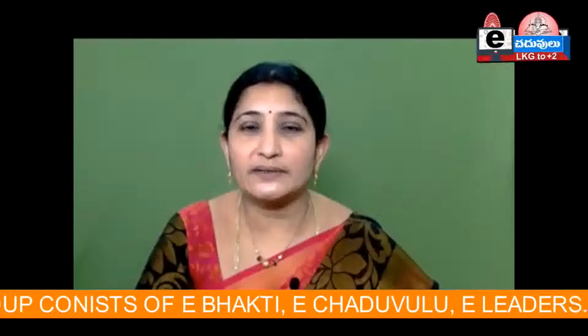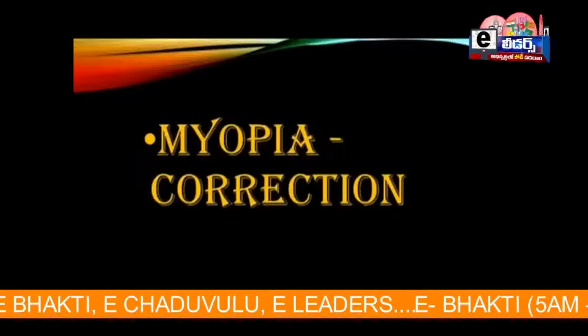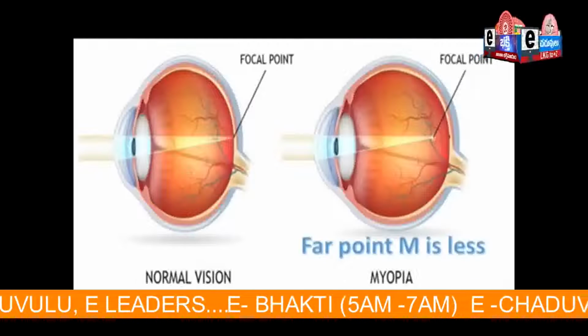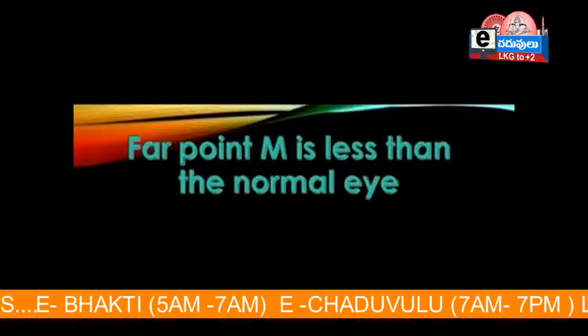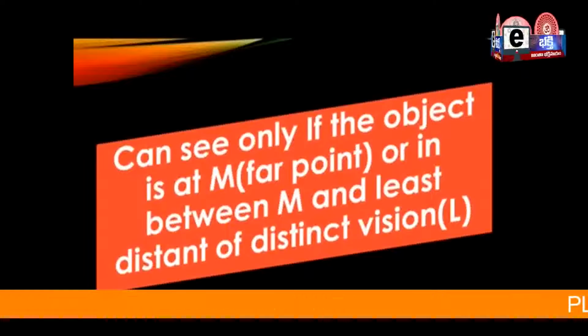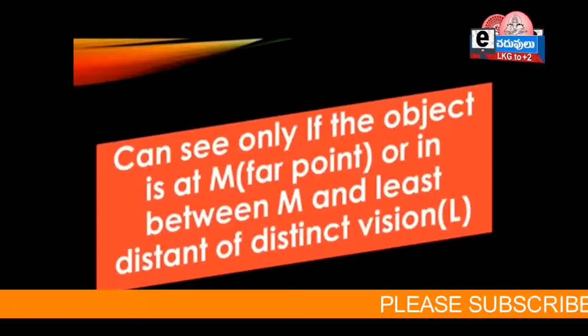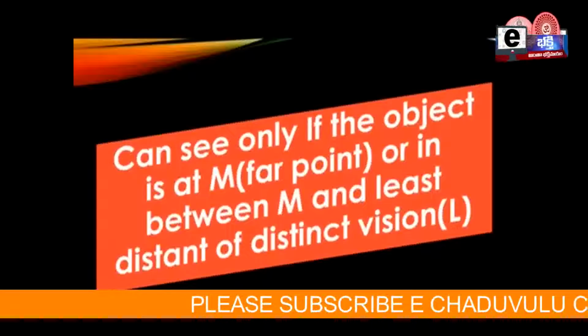Now we shall discuss how to correct myopia. Myopia and its correction. So, the far point is less for these persons. They can see only if the object is at the far point or in between the far point and the least distance of distinct vision.